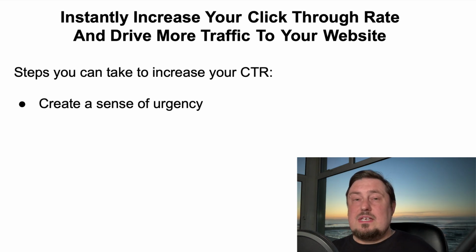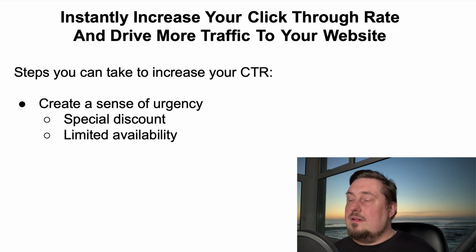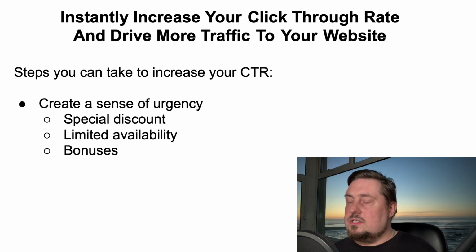So if we create a sense of urgency in the actual title, in the headline, it will increase our click-through rate too. So you could offer some kind of special discount, you could run a sale, or you can have limited availability. So there's only X number of places available, or so much stock, and then when it's gone, it's gone. Or you can offer special bonuses.